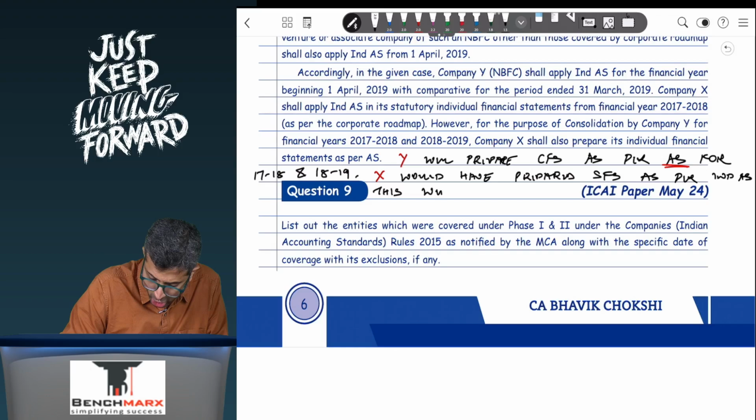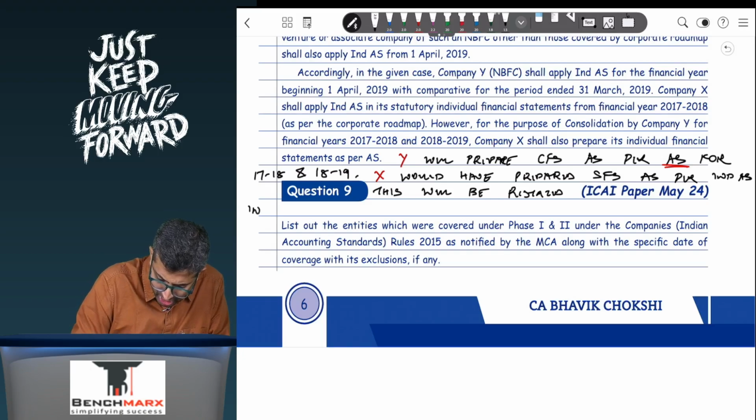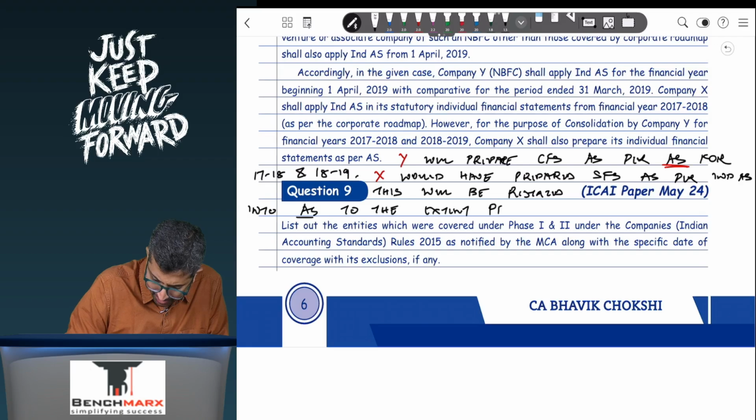This will be restated into AS to the extent practical for consolidation.